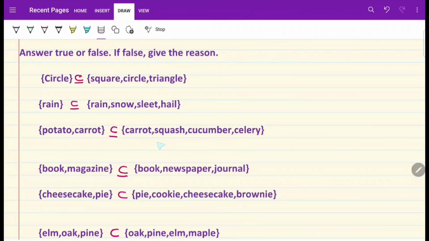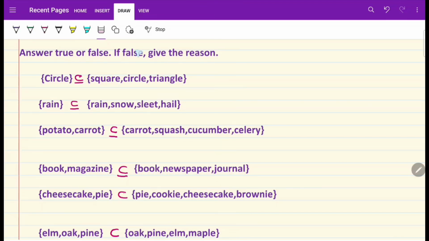Now, in this set of exercises, we are expected to read through each of these statements and decide whether they are true or false. And if they are false, we have to give a reason. So let's look at the first statement. It says here that the set containing circle is a subset of the set square, circle, and triangle.